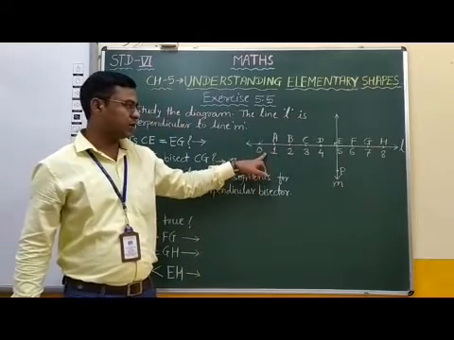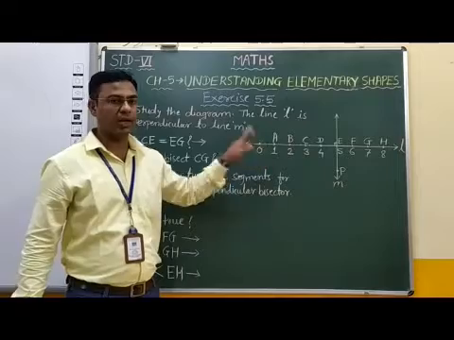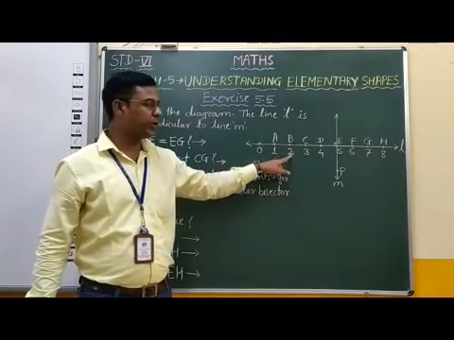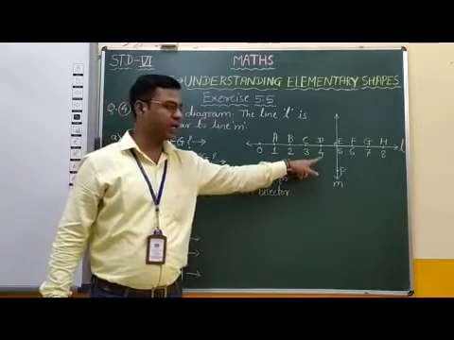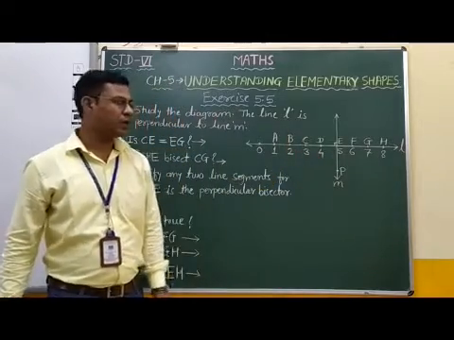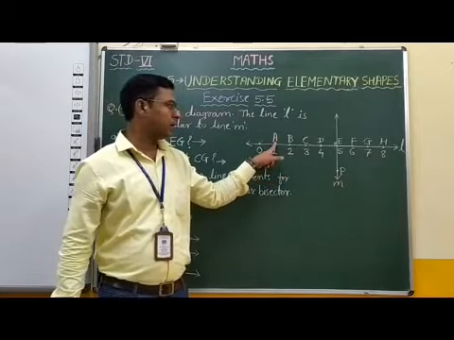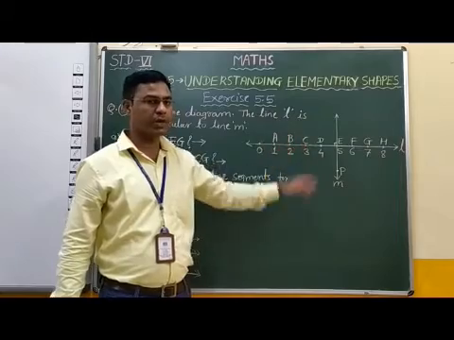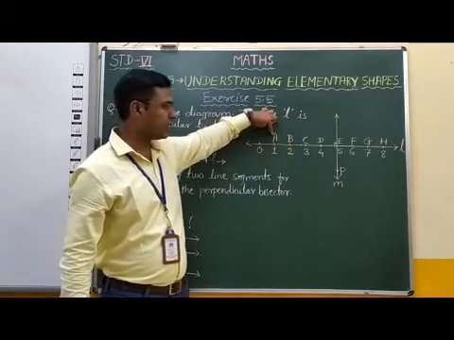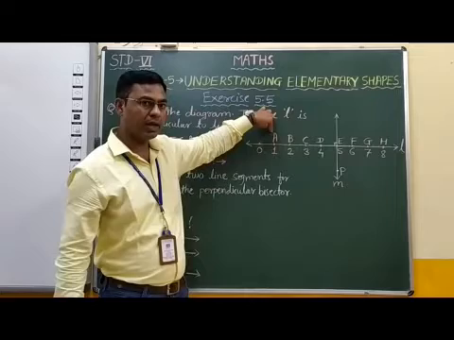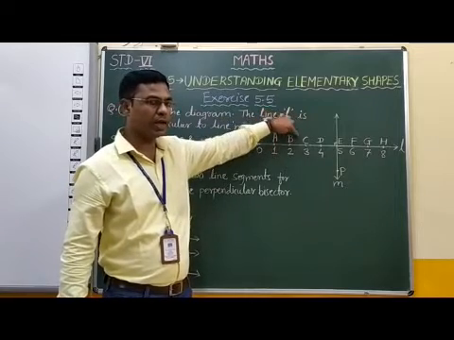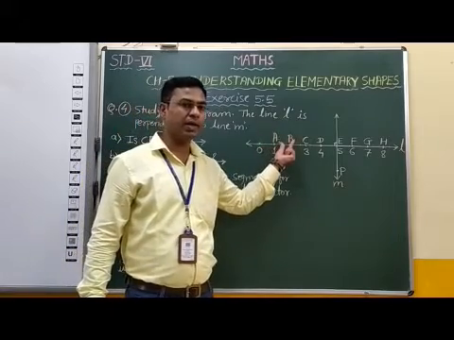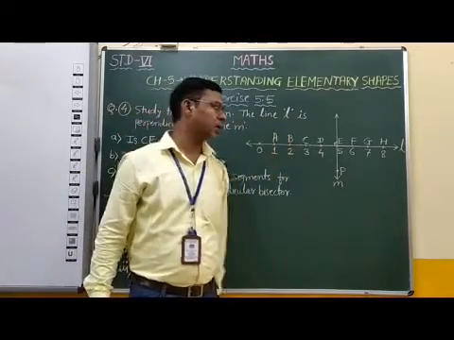If we consider the distance between 0 and 1 as 1 unit, then between 1 and 2 is 1 unit, 2 and 3 is 1 unit, 3 and 4 is 1 unit. A and B is also 1 unit, B and C is also 1 unit. But the distance between A and C is 1, 2. Therefore, the distance between A and C is 2 units.